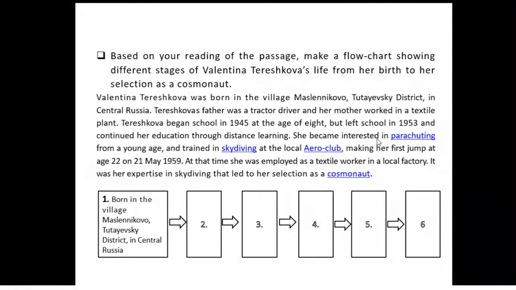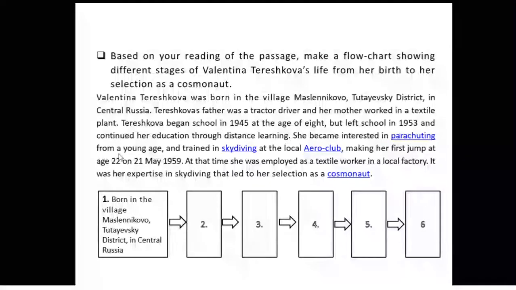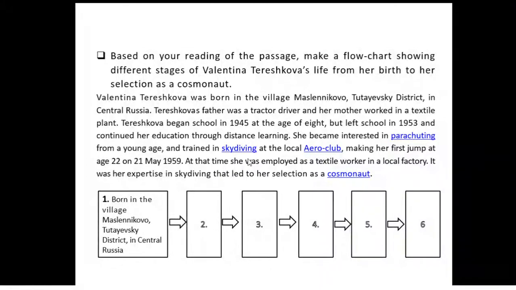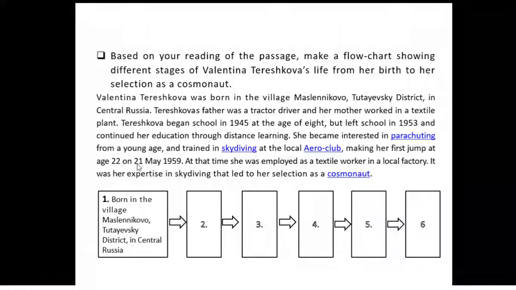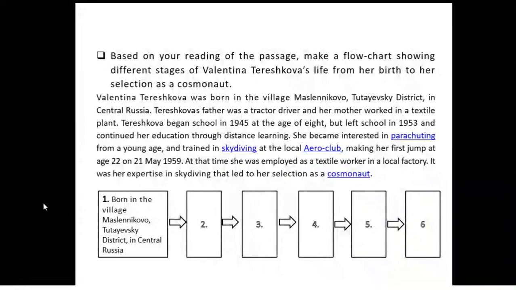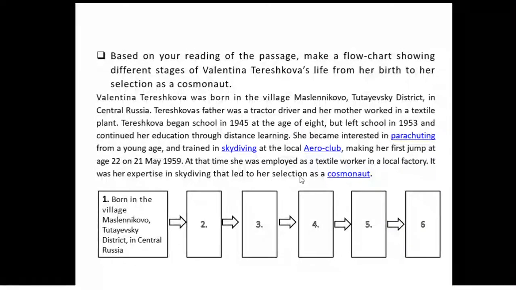She became interested in parachuting from a young age and trained in skydiving at the local Aero Club, making the first jump at age 22 on 21 May 1959. At that time, she was employed as a textile worker in a local factory. It was her expertise in skydiving that led to her selection as a cosmonaut.